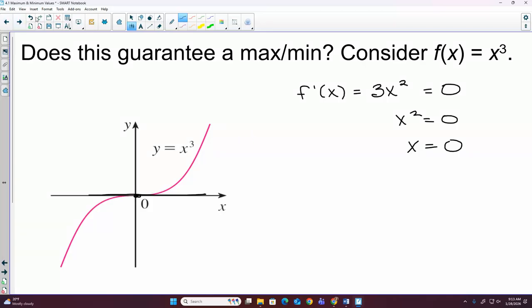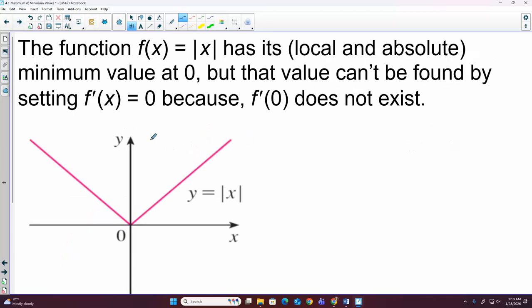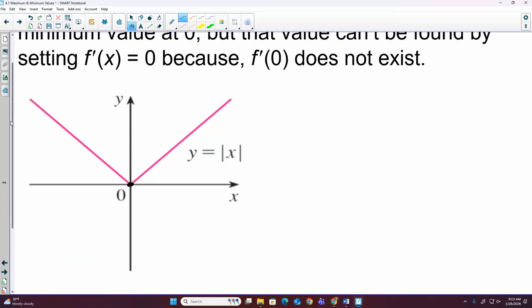All right. I want to look at one other case. Absolute value function. Can we agree this is both a local and an absolute min? Yeah. But that's not a place where the derivative is 0. We've talked about this before.